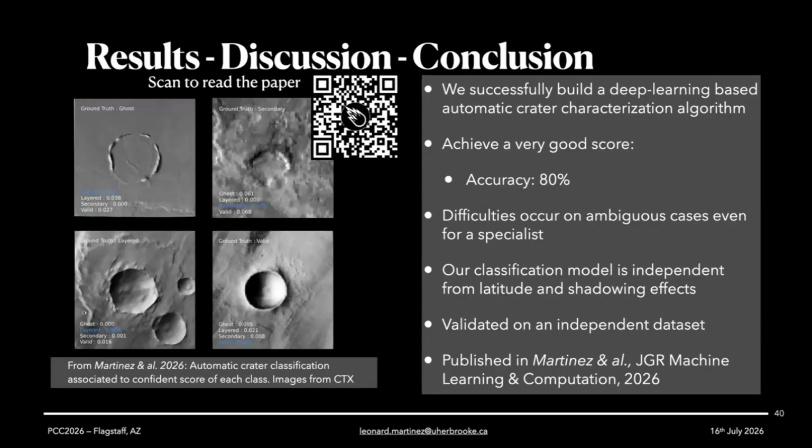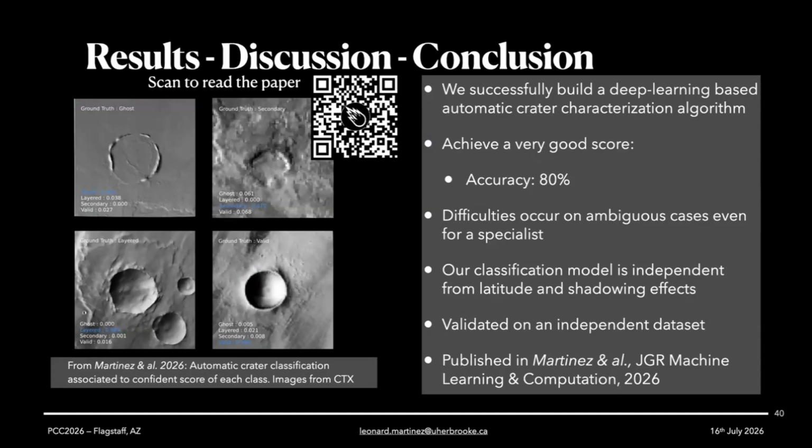We can't expect better accuracy because you can't do better than what was in the training database, so we are really happy with this. You can also scan the QR code to access the corresponding paper. Maybe it will not work because it was published just last week.